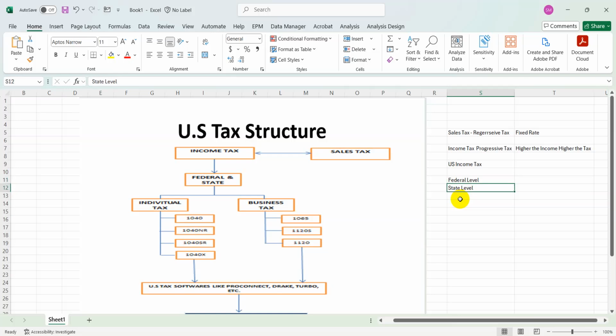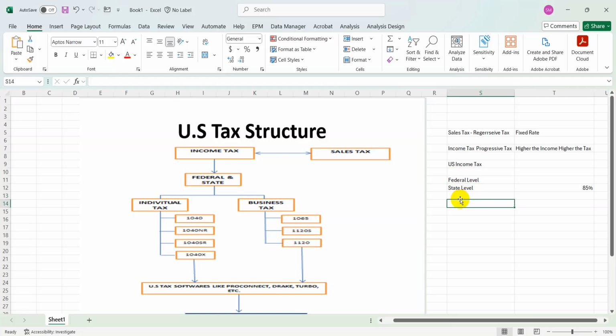Now 90%, if not 90%, 85% of states do have a state level tax. There are a few states where there's no state level income tax. Remember, I'm talking about income tax now, not sales tax. So 85% are the states where there is a state level income tax. There are only 15% of states where there is no income tax.